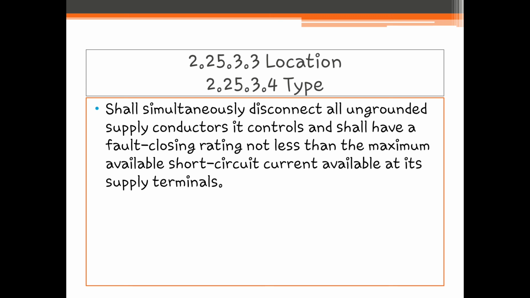Next is 2.25.3.4 the type. So each building or structure disconnect shall simultaneously disconnect all underground supply conductors it controls and shall have a fault closing rating not less than the maximum available short circuit current available at its supply terminals.